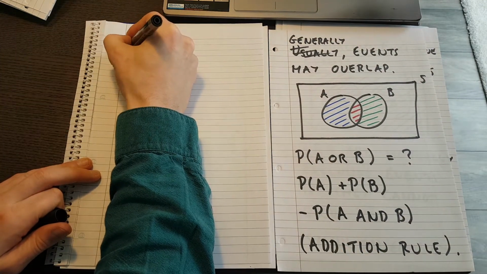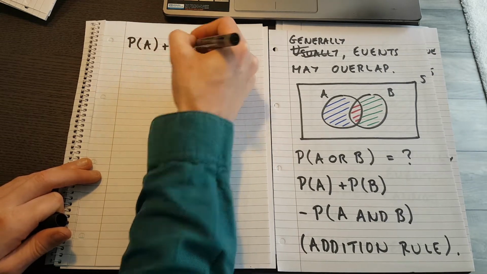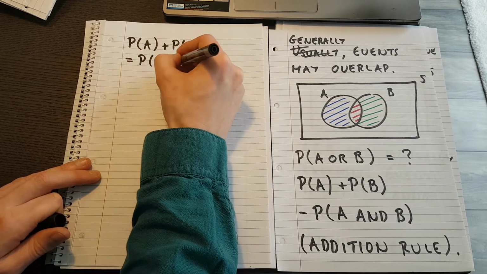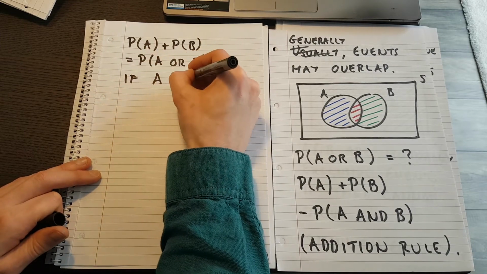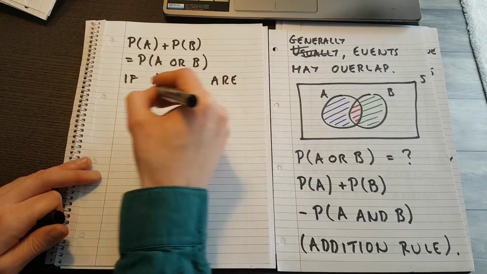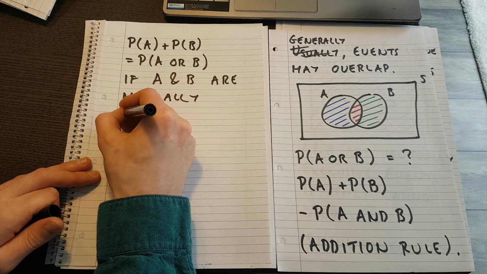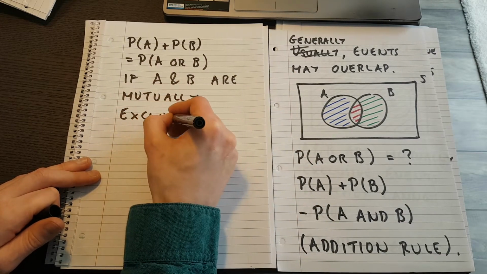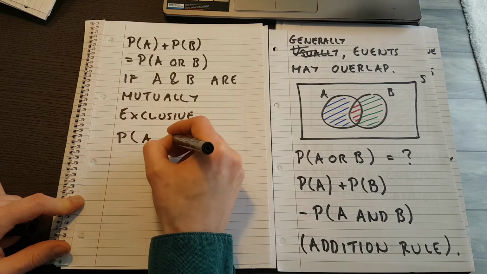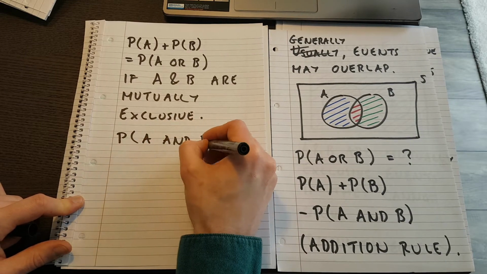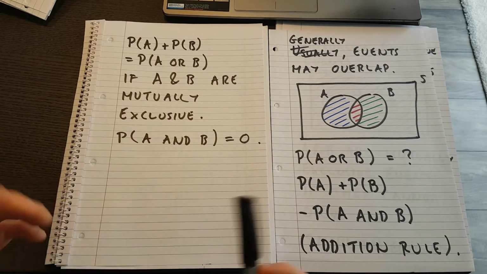The probability of A plus B is equal to the probability of A or B if A and B are mutually exclusive, which is to say that the probability of A and B is 0. So that's the idea of the addition rule.